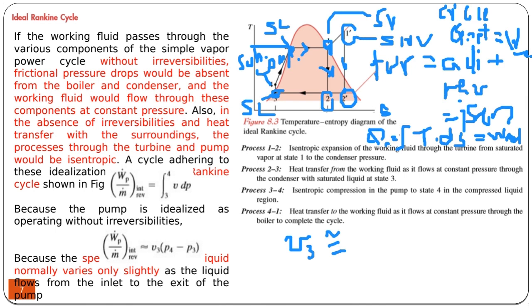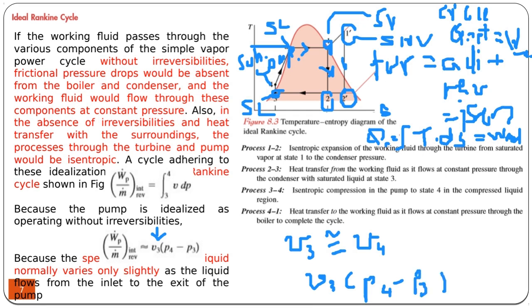So we assume that it's constant, so that the pump work can be written as just V3 times the delta P, which is also equal to the enthalpy difference, which we have already mentioned in the previous slide.